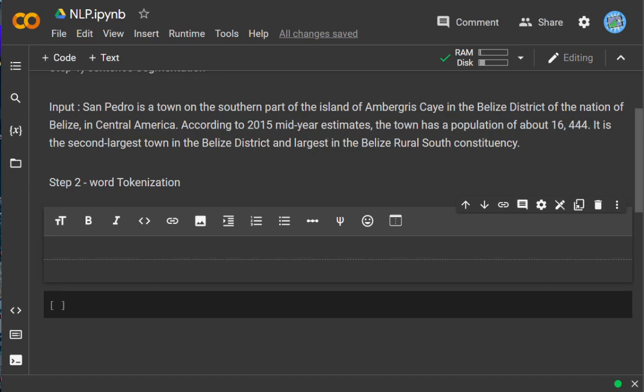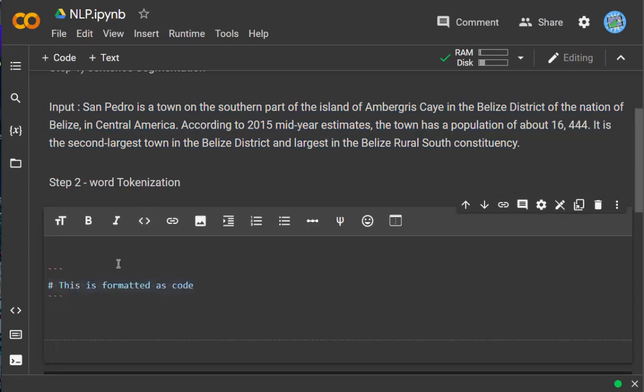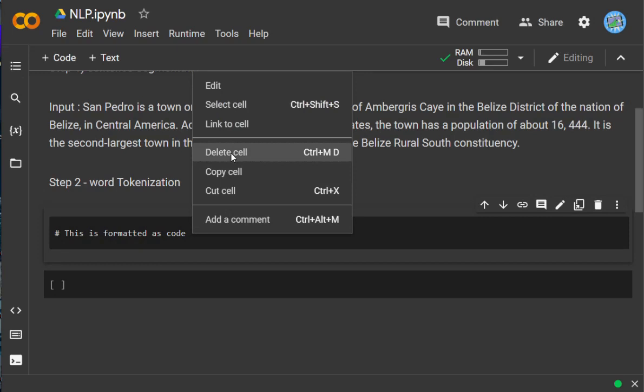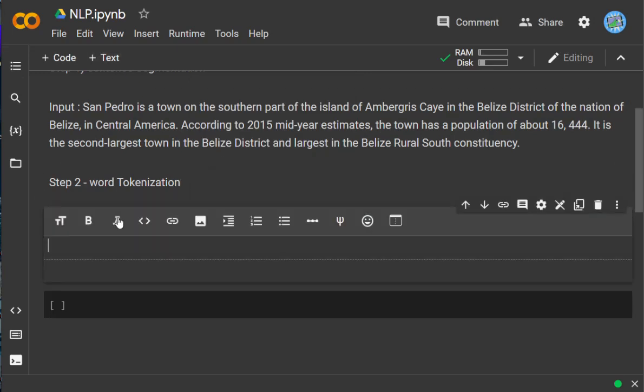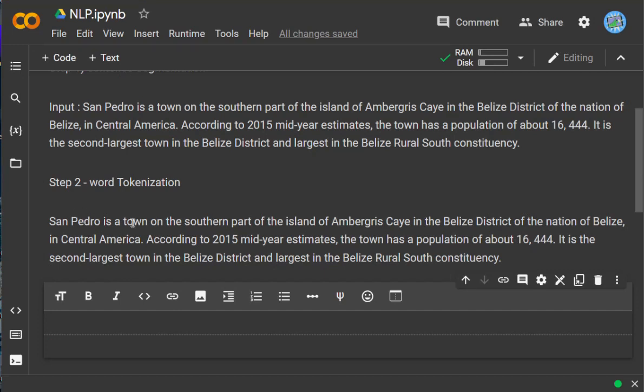So again, if we take the same example sentence, I just copied it. If we have a sentence like this, we can have tokens at each respective word.